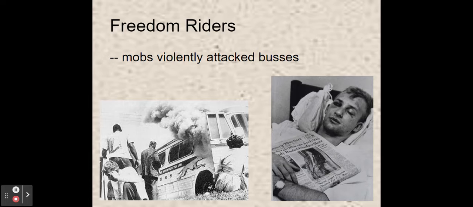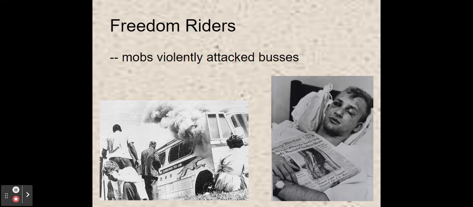Supposedly, there was a bomb on the bus. There was a smoke bomb that was thrown on the bus that causes everybody to get out. And when people get out, there are protesters outside ready to attack them. But again, based on the ideas of Martin Luther King Jr., based on the ideas of Gandhi, these protesters that are getting attacked are not going to react violently, and that's going to bring a lot of attention to their cause.